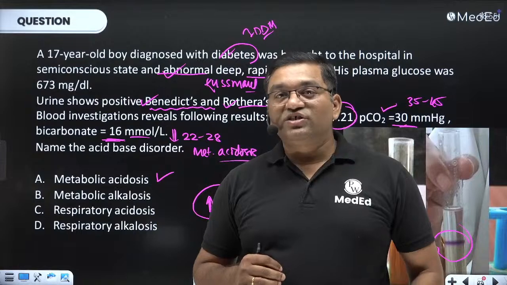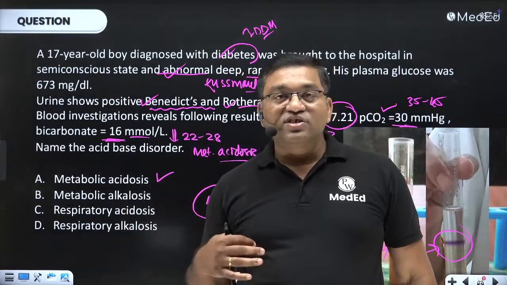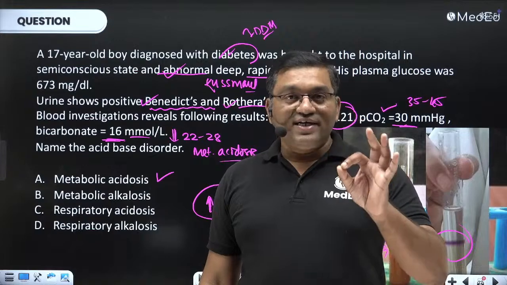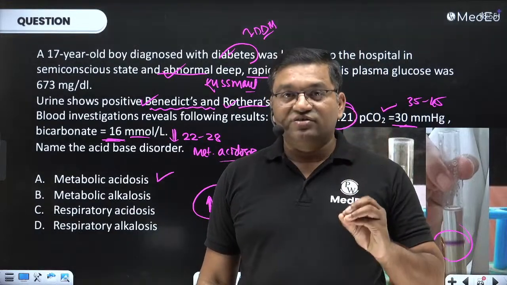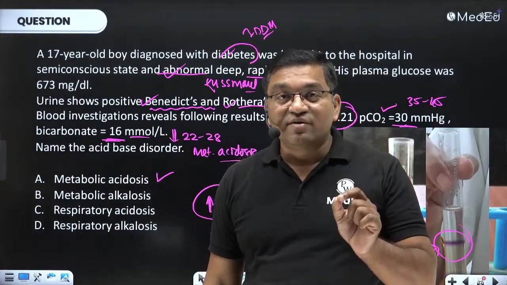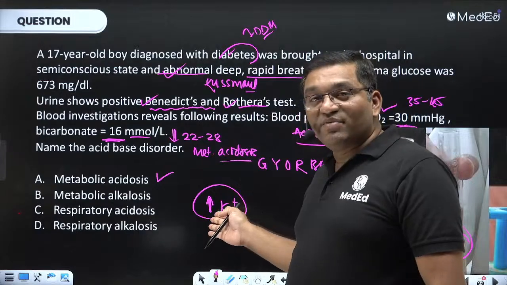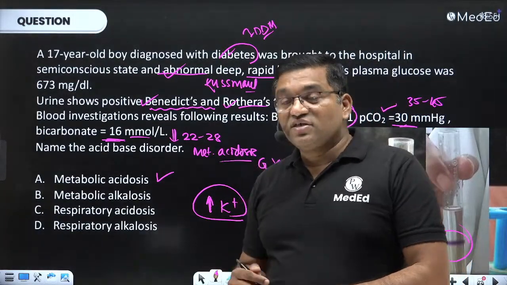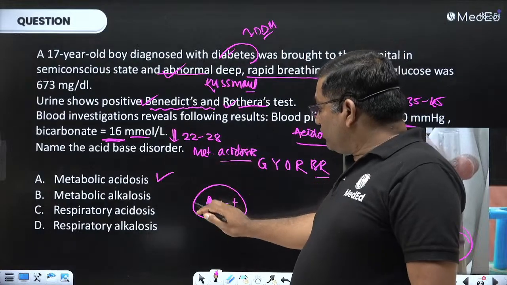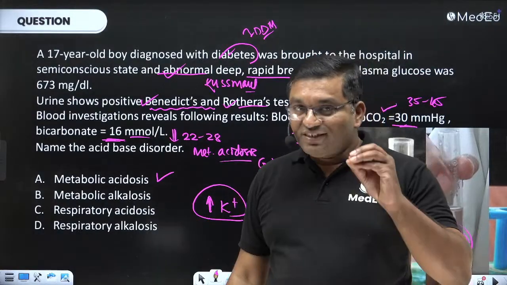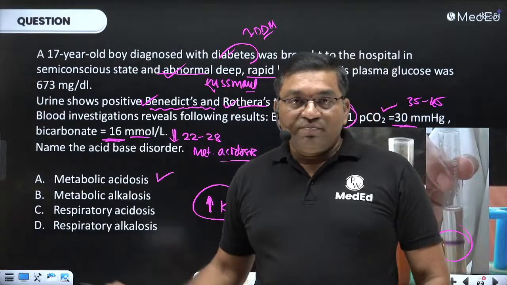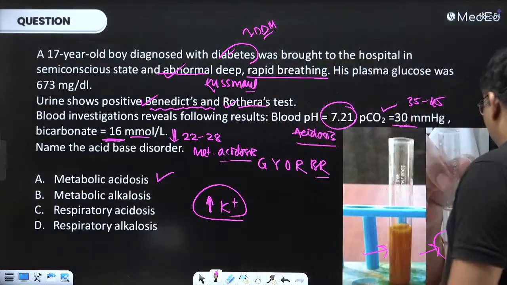Insulin dependent potassium channels open and drag the potassium inside the cells, and death of the patient can occur because of cardiac arrhythmias, cardiac arrest, because of hypokalemia. The patient had hyperkalemia, we gave insulin, so how did the patient die? From hypokalemia. So strict monitoring of potassium is needed here when we give the insulin therapy in diabetic ketoacidosis.